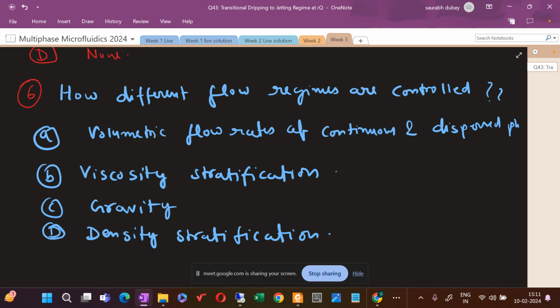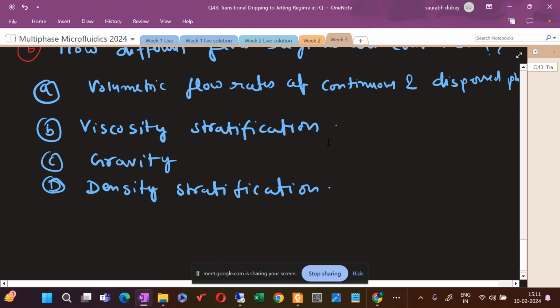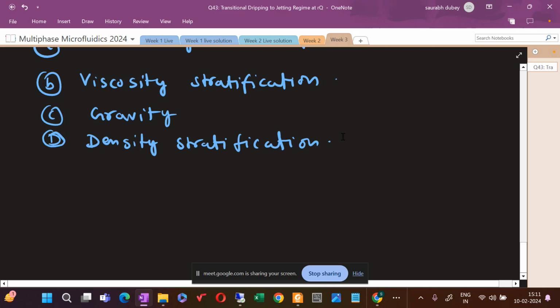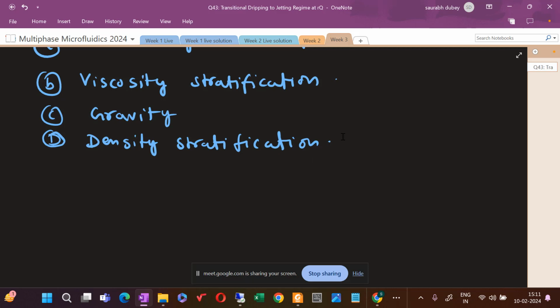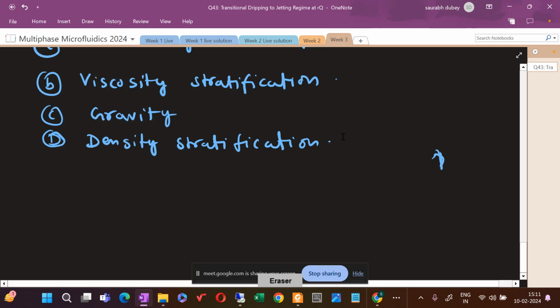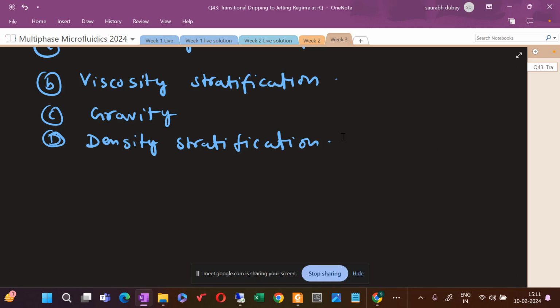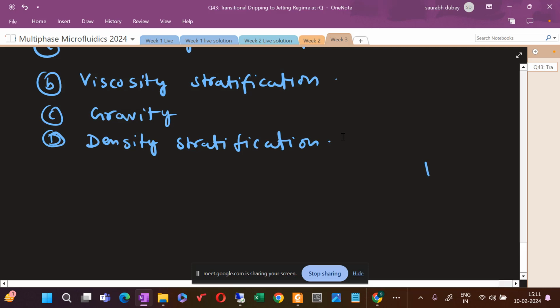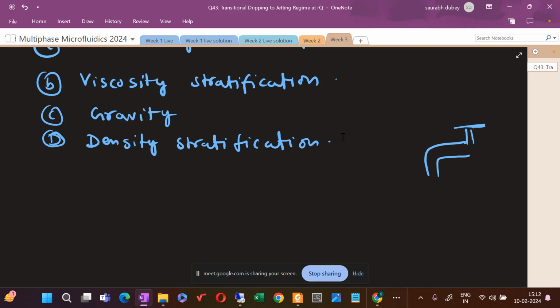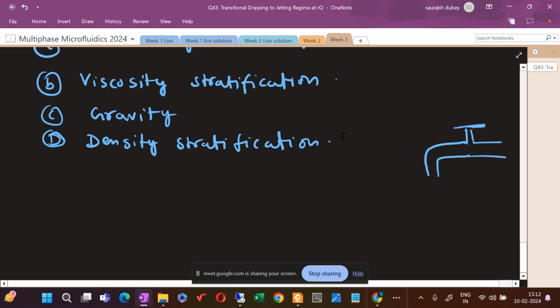So this Rayleigh-Bénard instability, for example, from the tap, this is the tap. Let me draw the tap clearly. So from the tap, this is the hook of the tap, and water is falling.